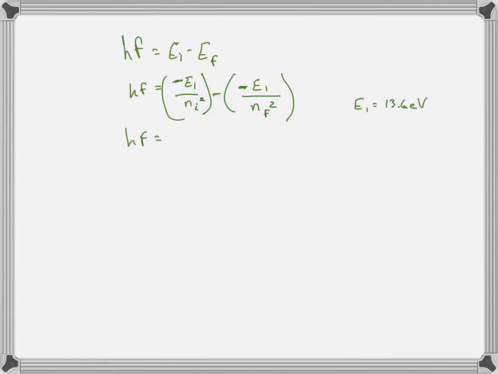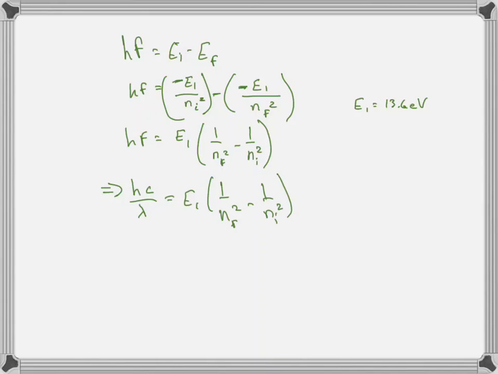So hf is equal to, we can factor out the E1 and say, okay, so this is the same as 1 over n final squared minus 1 over n initial squared for the quantum numbers of the two states. And we can make a substitution, which you'll see why in a second, that f is equal to c over lambda, so E1 times 1 over n_f squared minus 1 over n_i squared.